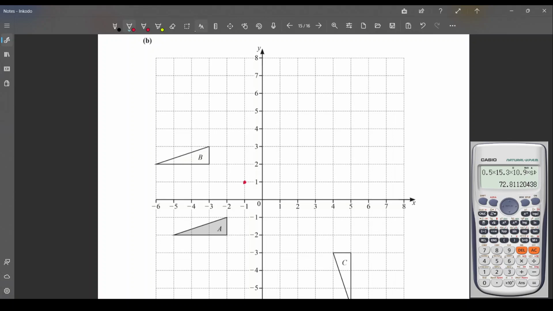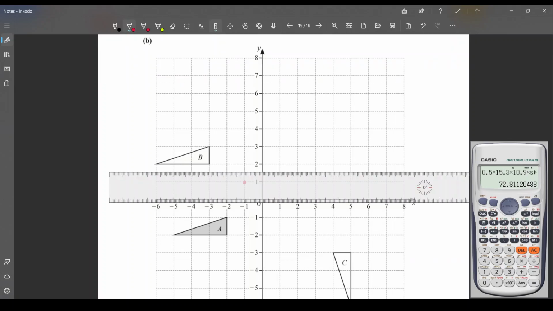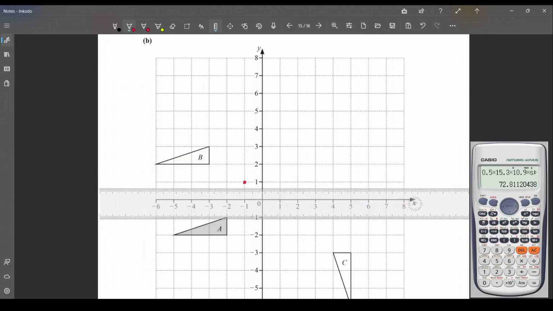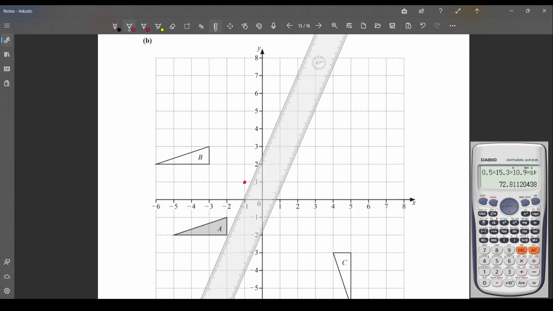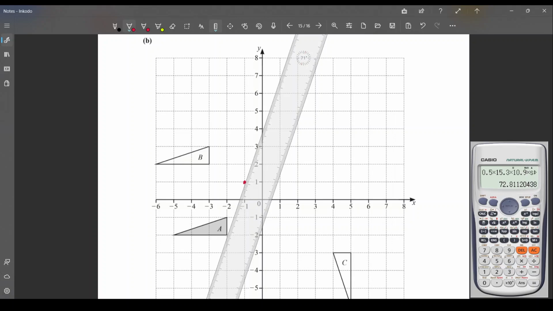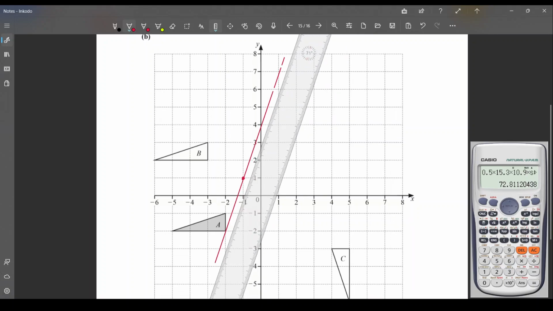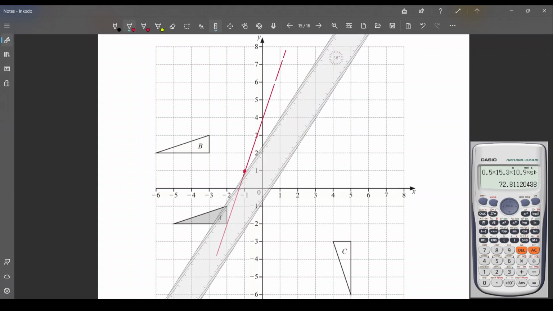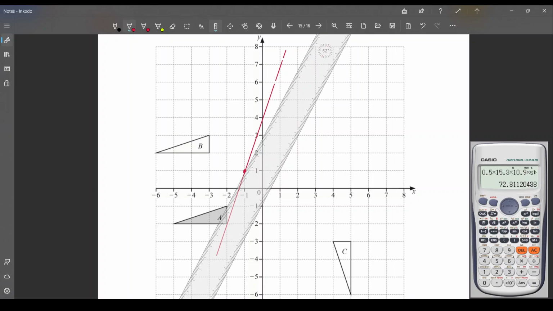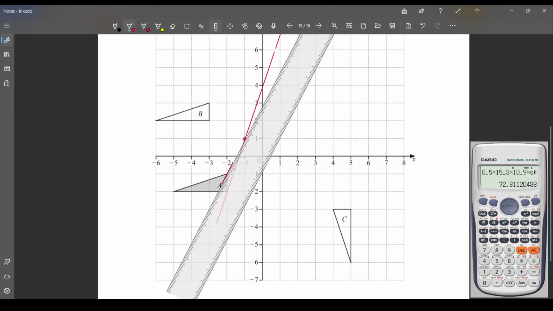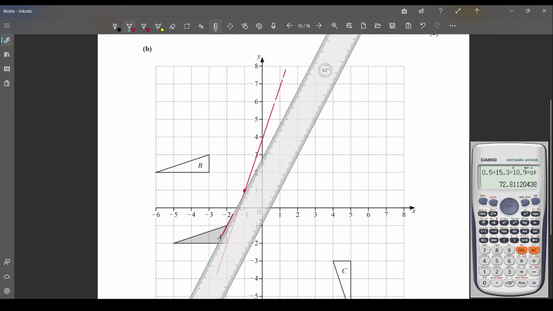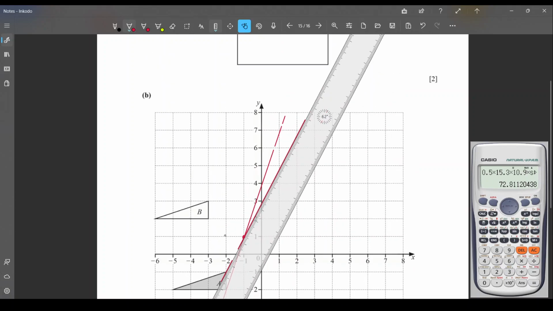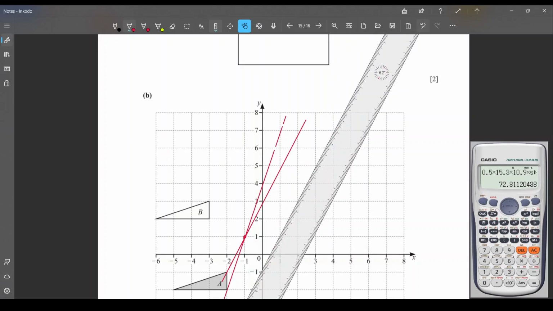We have to draw lines from all the points of triangle A through this point. The first point passes through this line, the second point passes through this one, and then the other point.